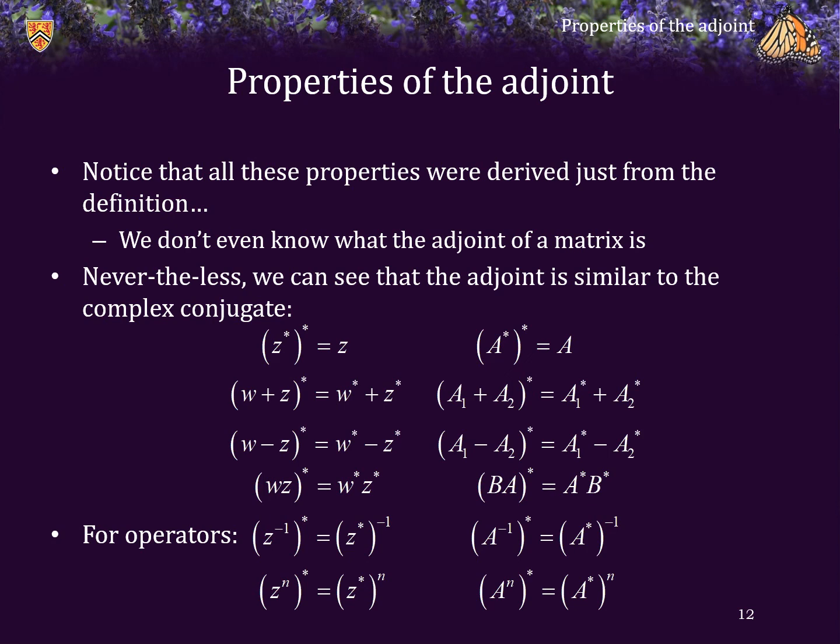Similarly, if we are to compose a linear operator A with itself n times, then the adjoint of that, you should be able to deduce at this point, is equal to the adjoint of A composed with itself n times. All right, thus we see that the properties of the adjoint very closely follow, but not always, the properties of the complex conjugate.